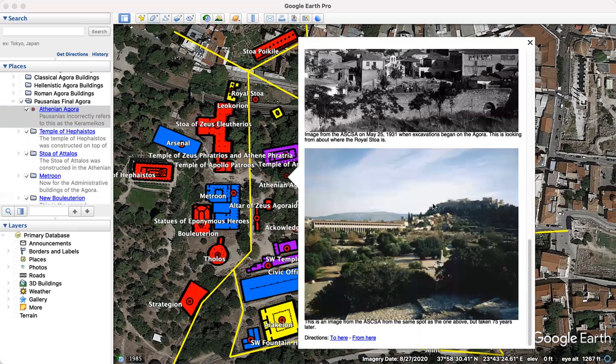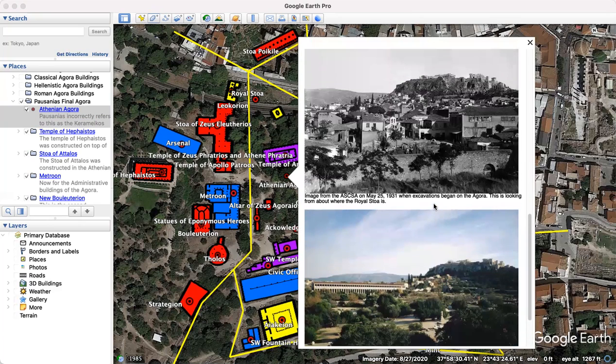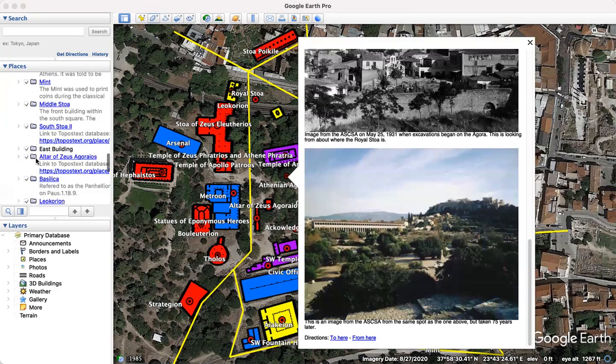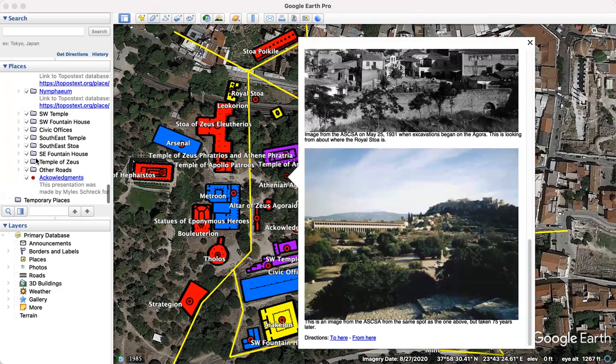And the image below it is taken from almost the exact same angle, exact same viewpoint, and that's what it looks like today. Huge differences in these two. And it's kind of a miracle that so much is so well preserved, so that we are able to learn about all these buildings in this area, even though it's been a lot of time and a lot has been built over them.